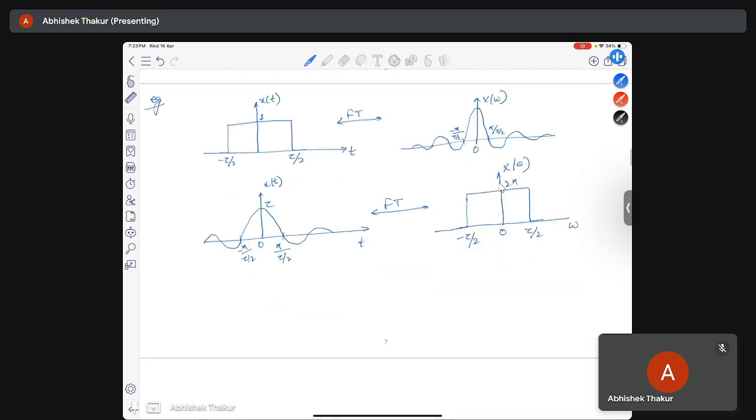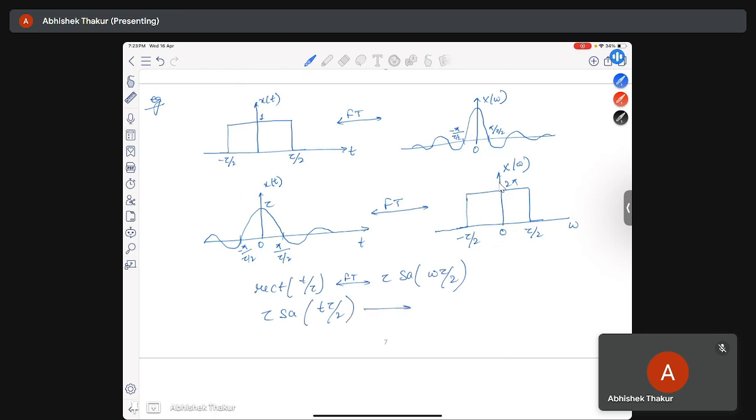So let's write it formula-wise. The rectangular function rect(t/τ) has the Fourier transform given as τ into the sampling function Sa(ωτ/2). So the sampling function is the same function given there.